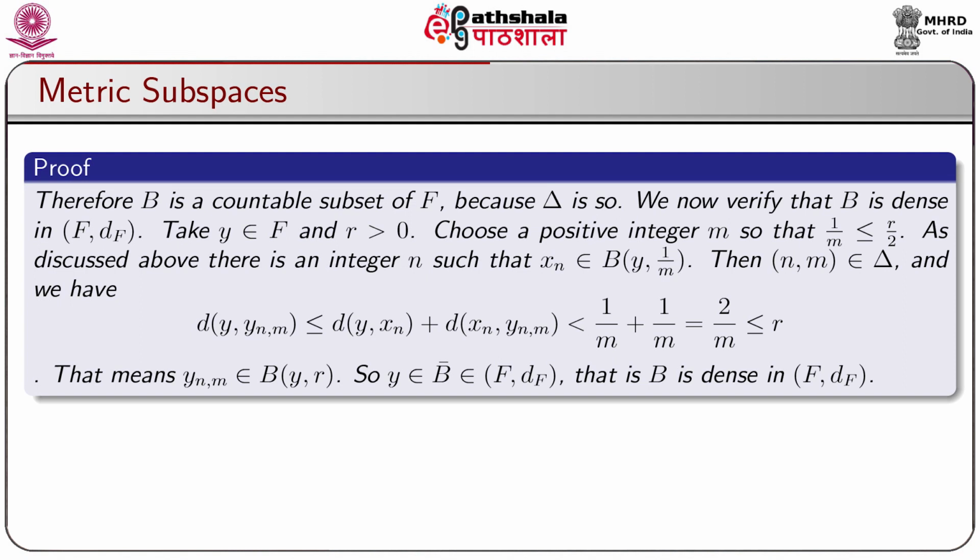So B is a countable subset of F because the indexing set delta is countable. We shall now verify that B is dense in the metric subspace F, d_F.